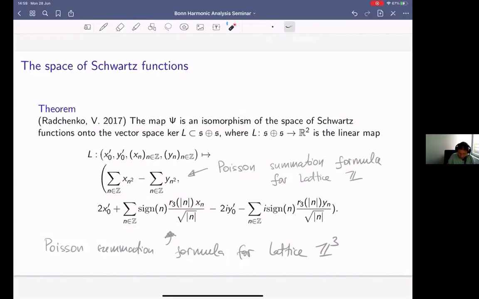Because there is a certain map between the space of odd functions on the real line and the space of functions in three-dimensional Euclidean space, we will have such a formula. Sometimes this is also called the Guinand formula.